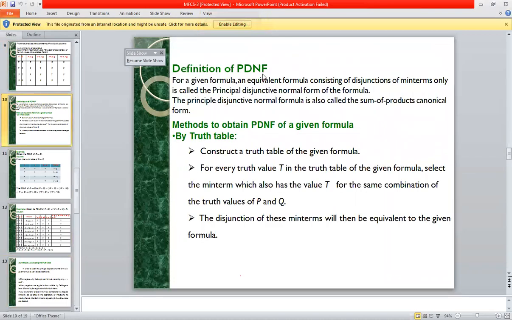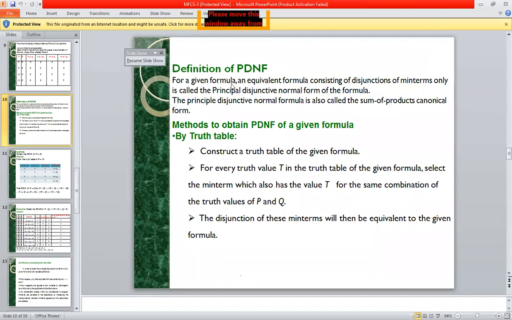So, definition of PDNF. Before we learn about minterms, what is the definition of PDNF? PDNF means principal disjunctive normal form.